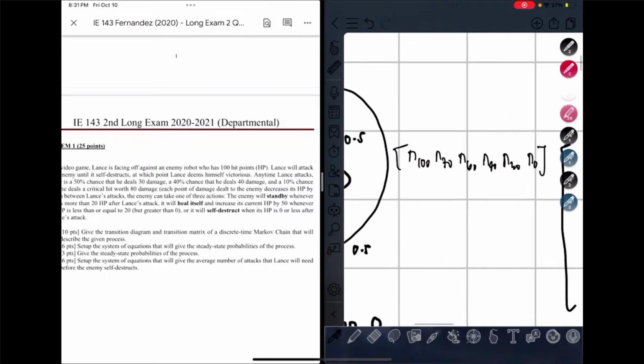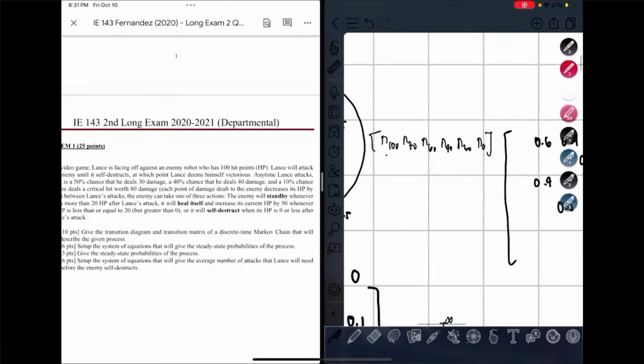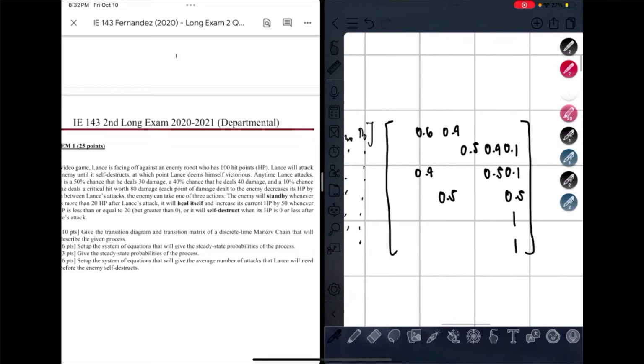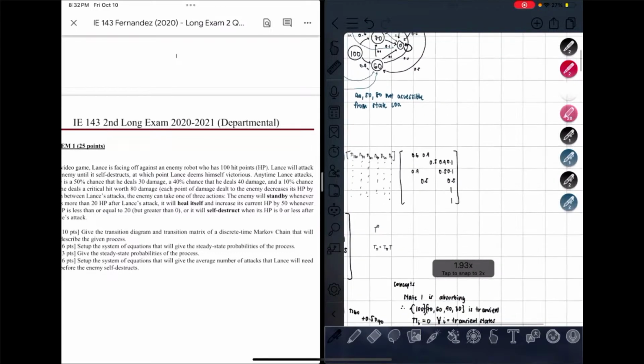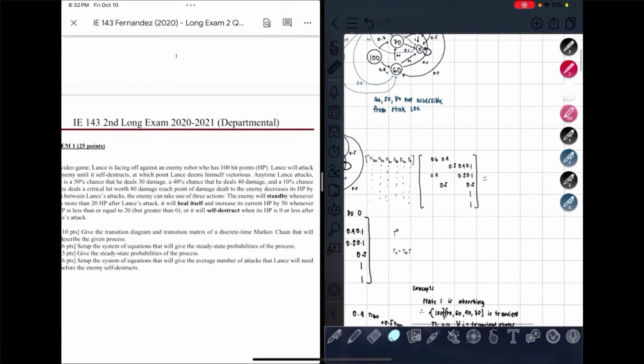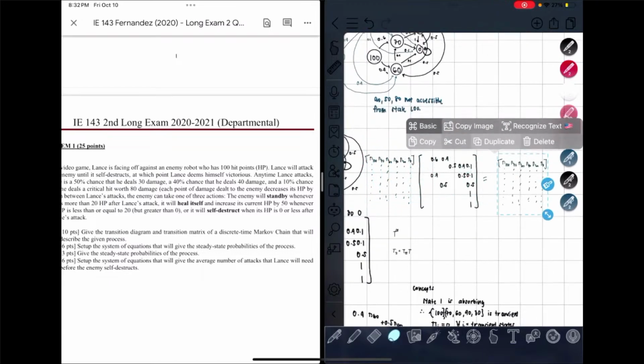Okay, so I only wrote one row, and the reason for that is across the whole square matrix, this is just the same. So multiplying these two should be equal to the matrix itself.